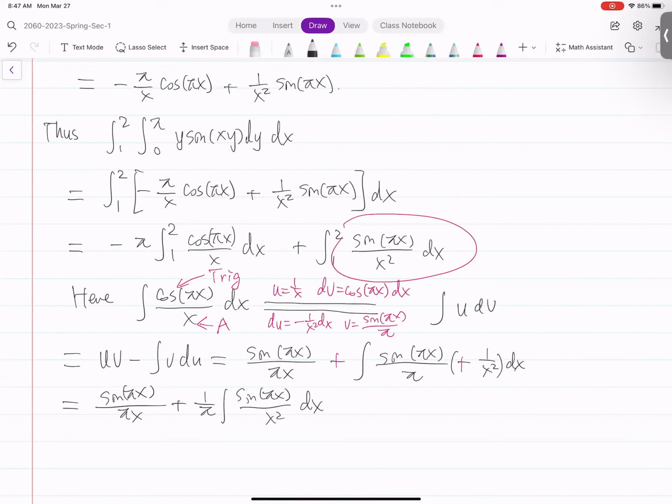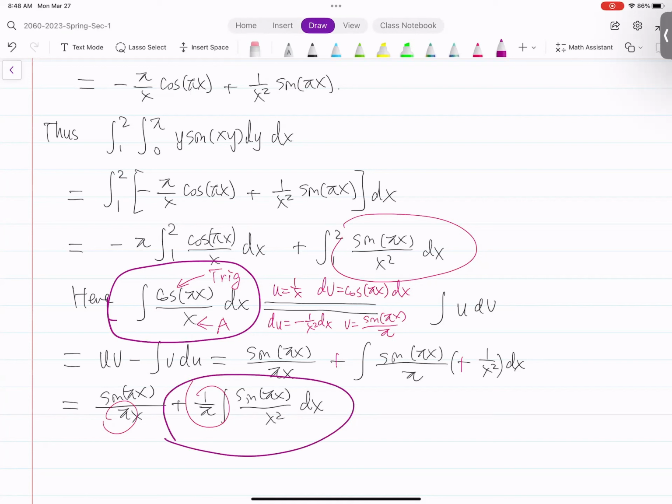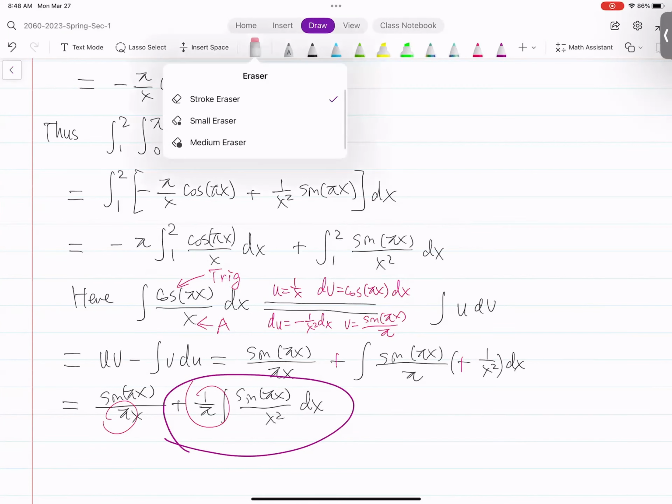And looking at the common factor 1 over pi right here, it looks like this integral will lead you to a negative of the other one, so that will cancel out with the term here. That's what we are going to do right now.